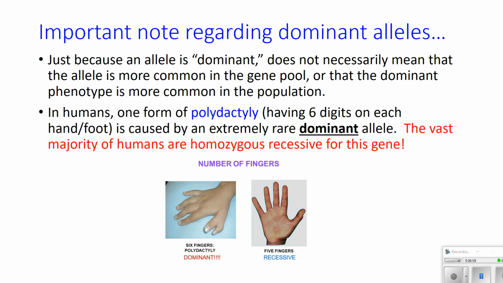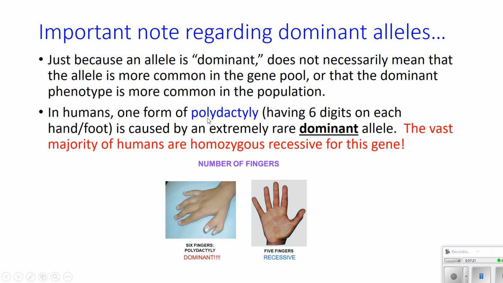Well, the problem with that logic is that calling an allele dominant or recessive says absolutely nothing about how common that particular allele is in the gene pool. So, for example, this is a really good way to illustrate this, and this is totally true.